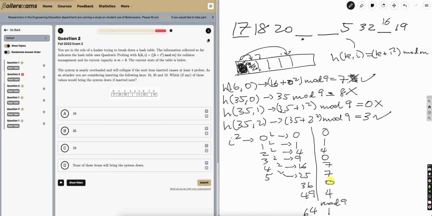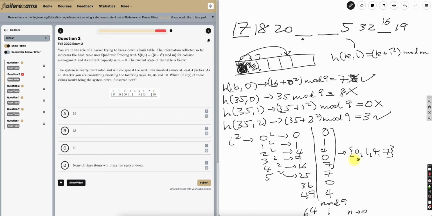And you can clearly see a pattern. It goes 0, 1, 4, 0, 7, and then in reverse 7, 0, 4, 1. I can show you 81: 81 will just go to 0 because 9 squared equals 81. You can see a pattern that reflects 0, 1, 4, 0, 7. And of course, that's the set {0, 1, 4, 7}.